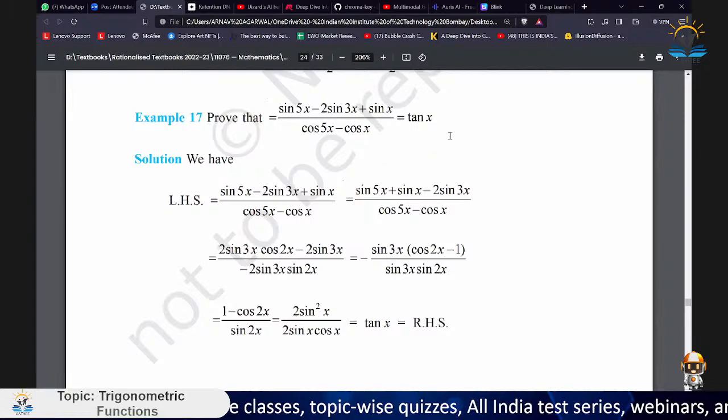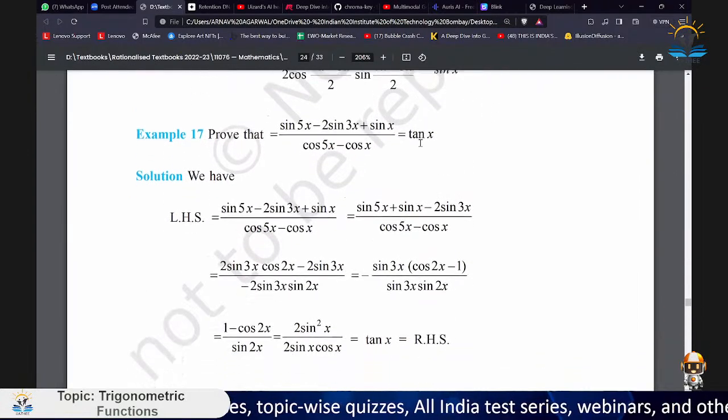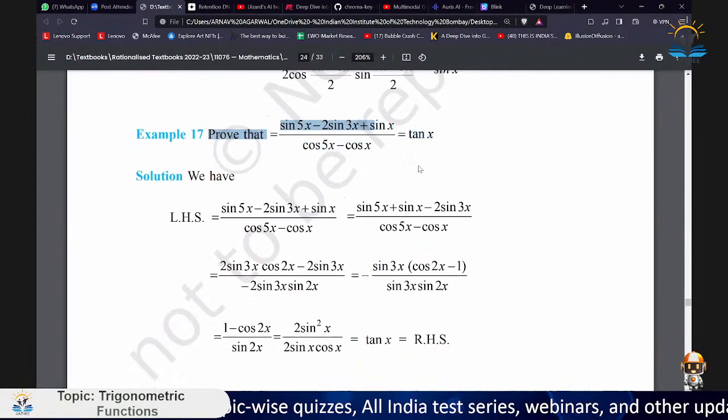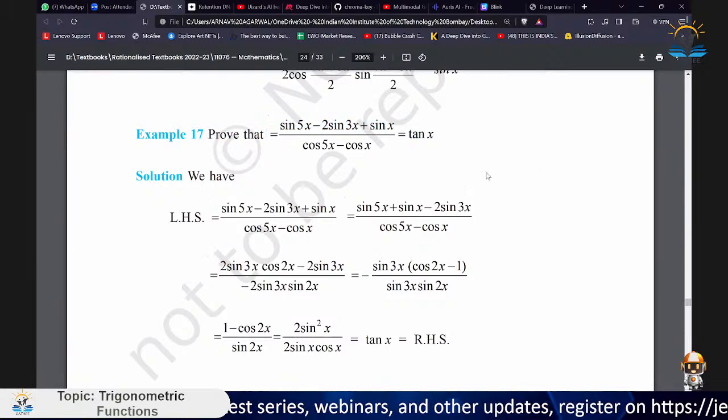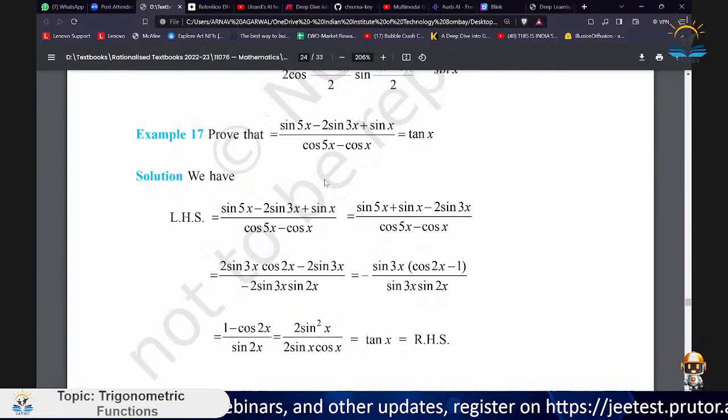Prove that sine 5x minus 2 sine 3x plus sine x upon cos 5x minus cos x is equal to tan x. We need to prove this. Okay. So the thing is, we just rearrange these three values, right?